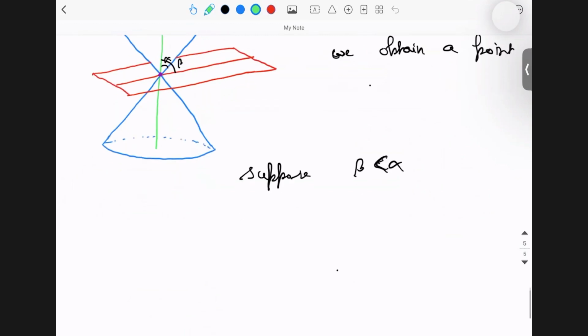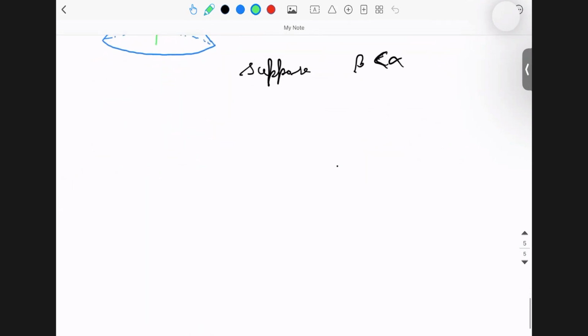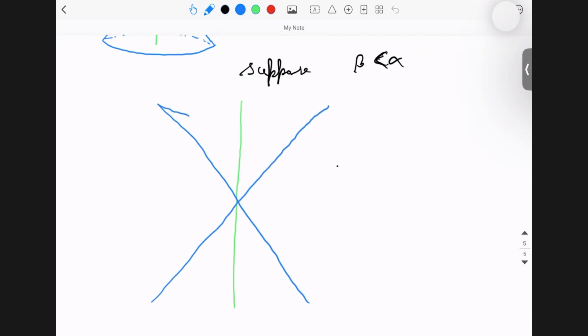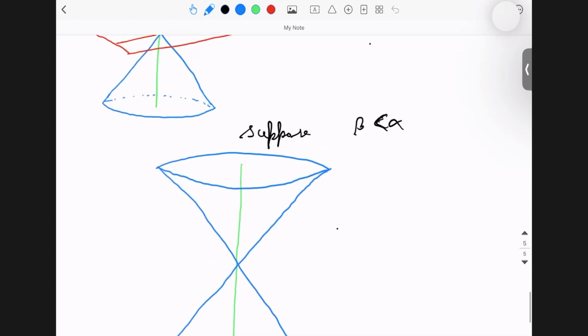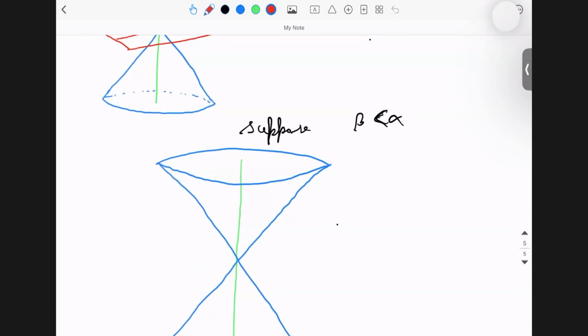Okay, in that case, the plane is like this, passing through the vertex.